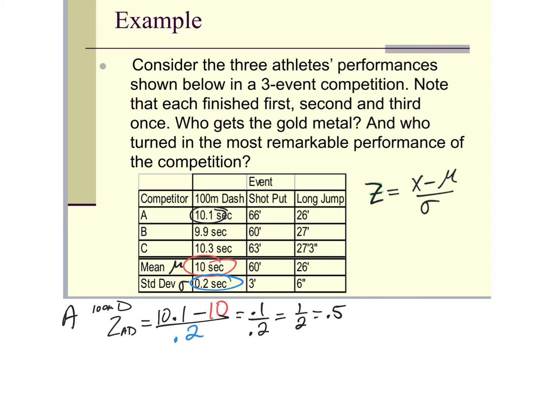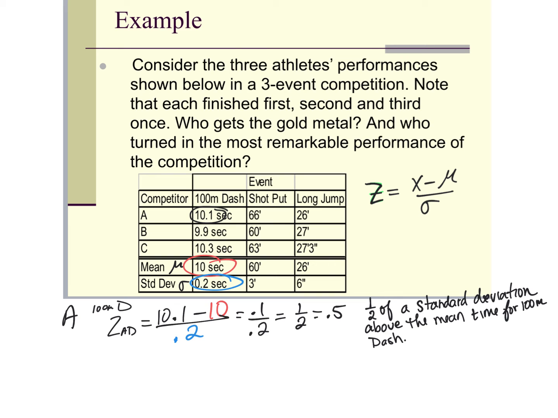So he is 1/2 of a standard deviation above the mean time for the 100-meter dash. And we could say he is 1/2 of a standard deviation slower because being above the mean in a race is actually being slower than the mean.